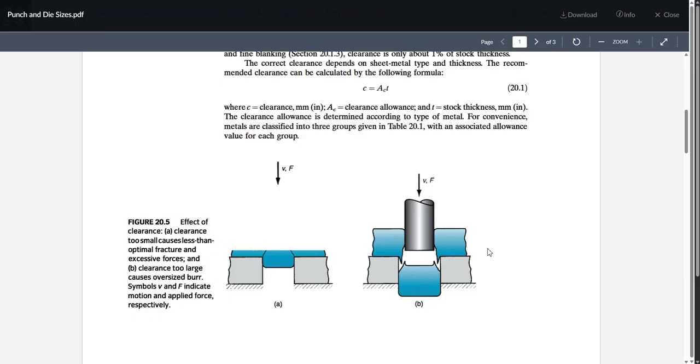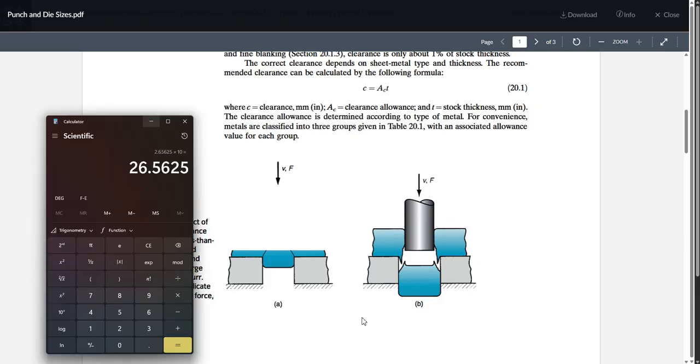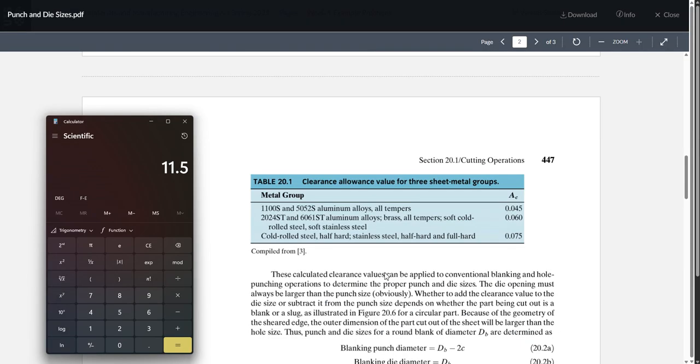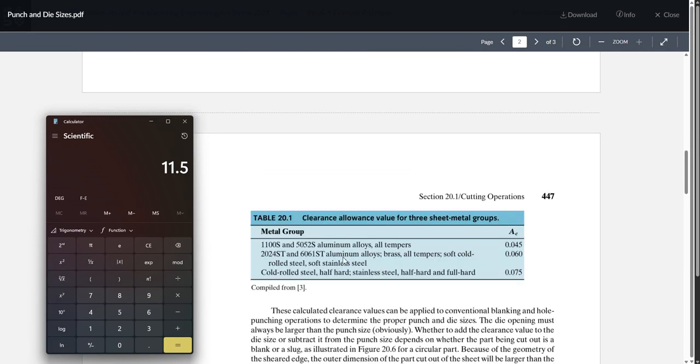So now we can try to do a basic calculation for one of the examples. Let's say that the thickness of the plate is about 11.5 millimeters and it is made of stainless steel. So go to the stainless steel here.